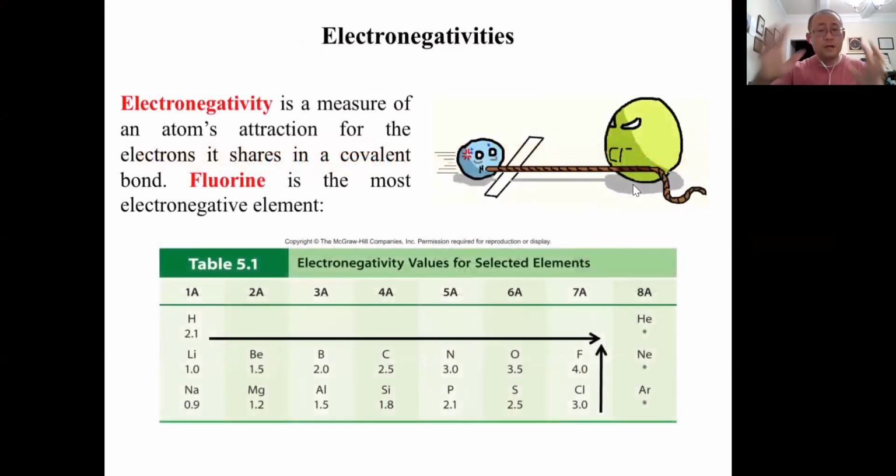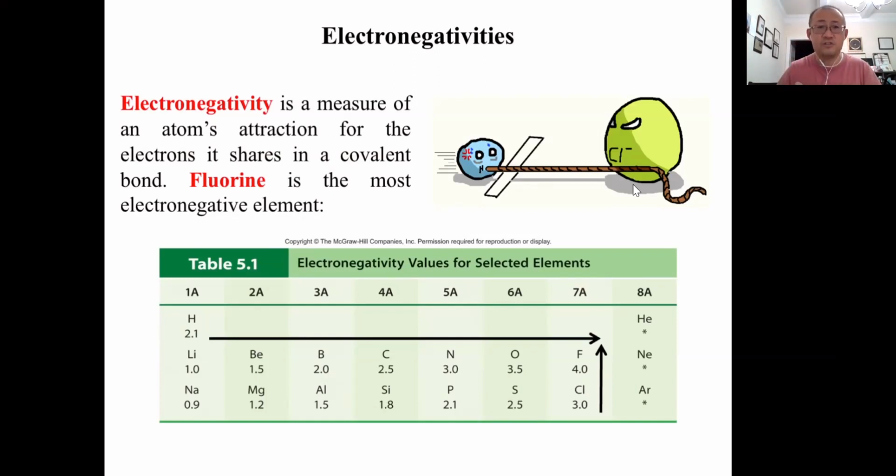Now, when atoms share electrons in a covalent bond, the sharing is not always equal because different atoms have different attractions to the shared electrons. Some atoms attract electrons stronger, some atoms attract electrons weaker.